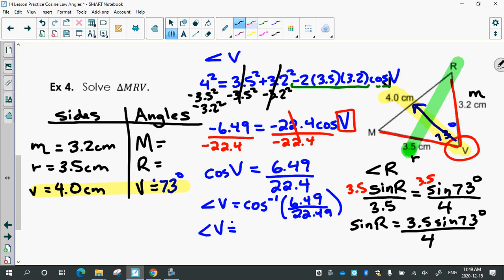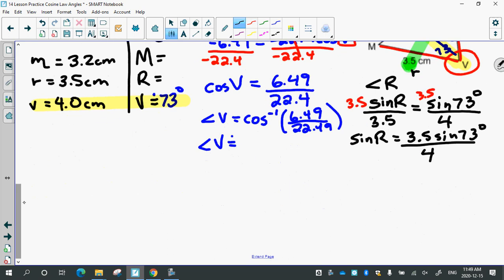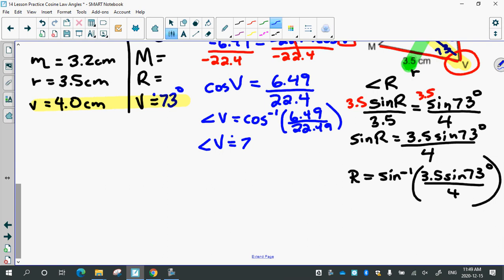And then you want to do the sine inverse to get angle R. And then you have to make sure you can enter that into your calculator.